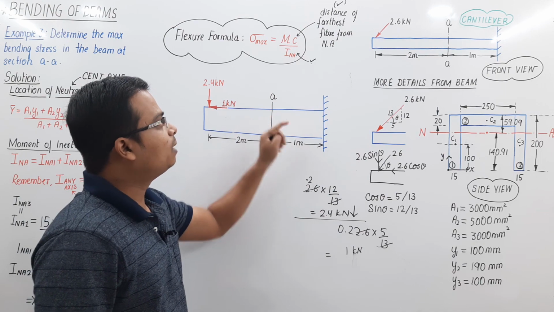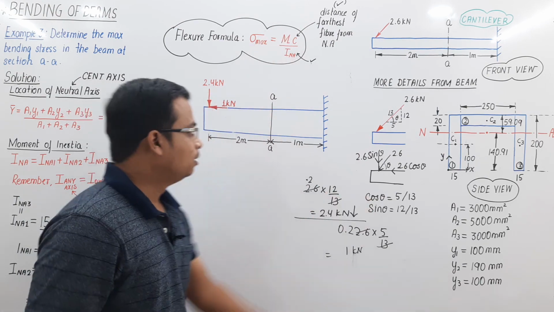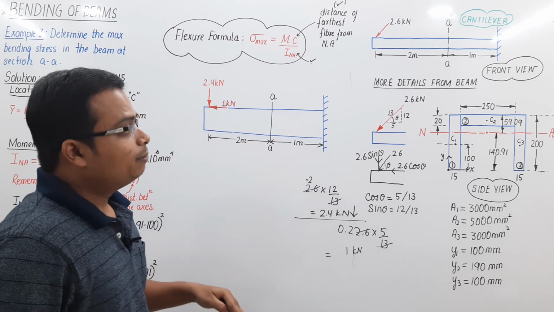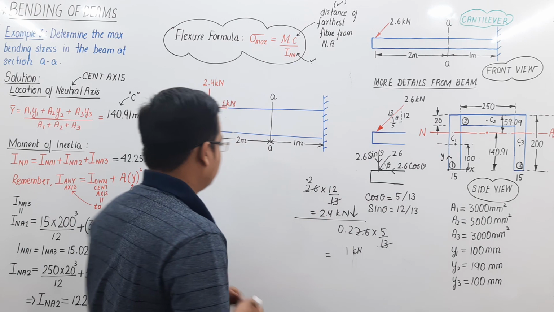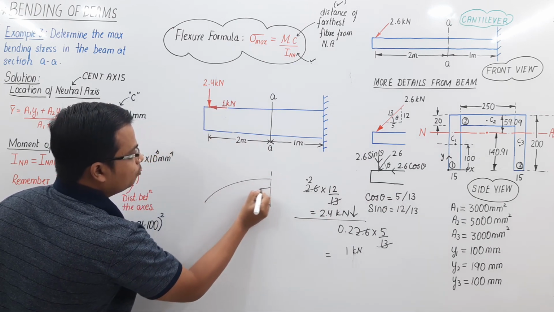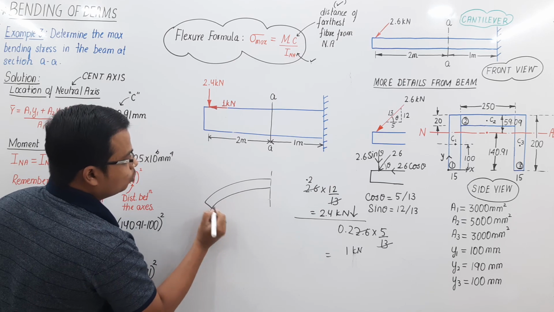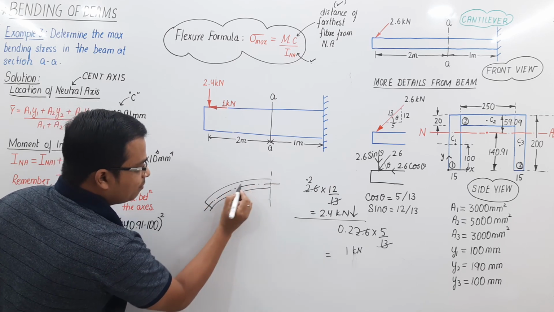Once you get the bending moment, plug it into this equation and you're going to get the maximum bending stress. In this case, it's a cantilever beam. The beam would bend in this fashion. This is the neutral plane.